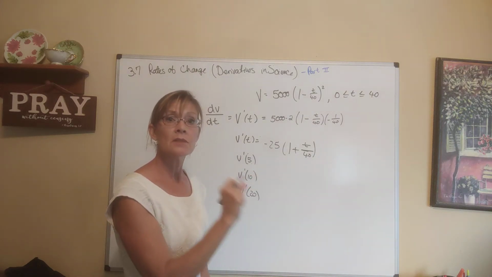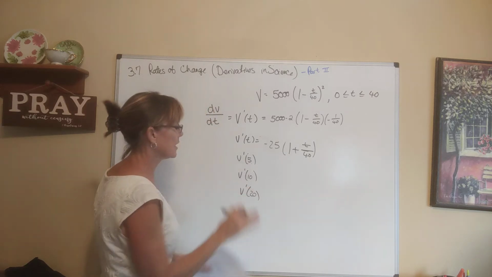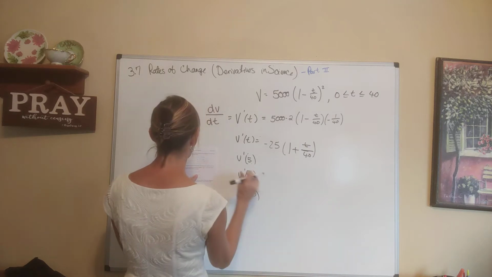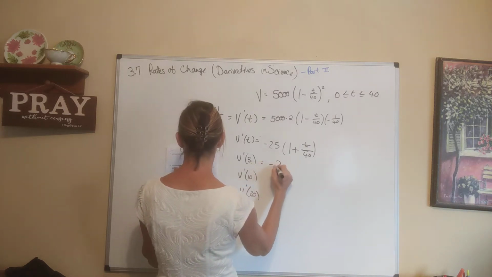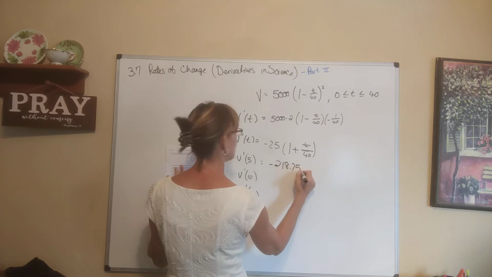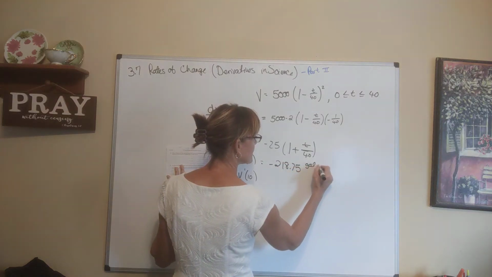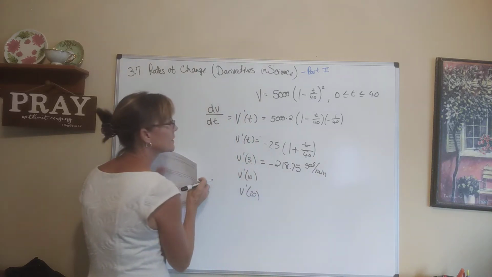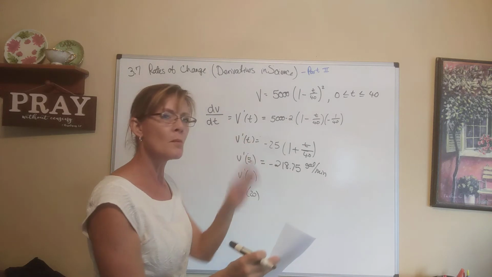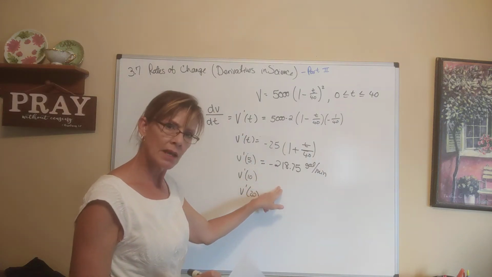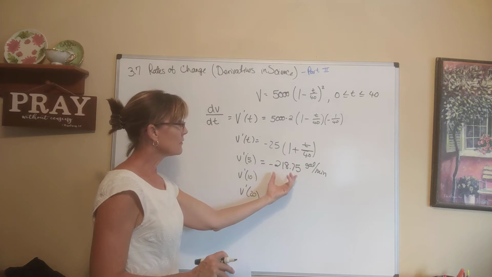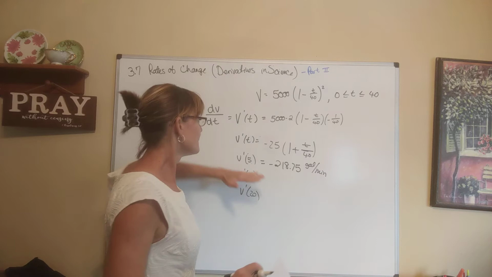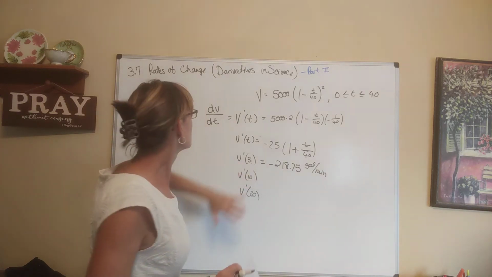If you plug in 5 for t here, what you should get is negative 218.75, and this is in gallons per minute. This is the convention we're going to be using: when something's decreasing in length or amount, you get a negative. So the volume is going down by 218.75 gallons per minute, 5 minutes into the drain.